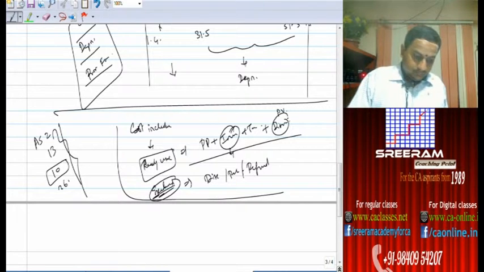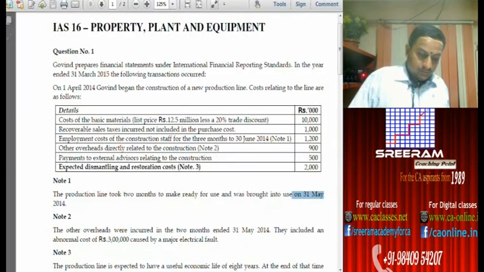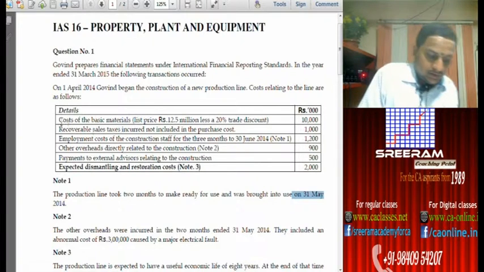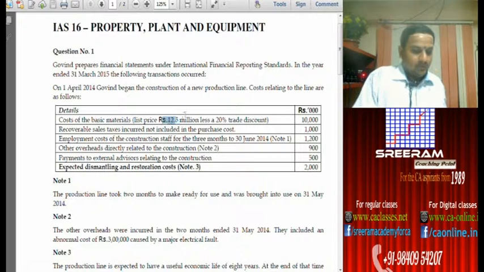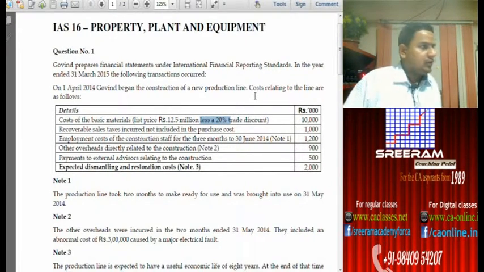Then in this problem, one by one the information. Cost of the basic materials, the list price, that is the quoted invoice price, is 12.5. We have a trade discount of 20%. Trade discount will not form part of cost.